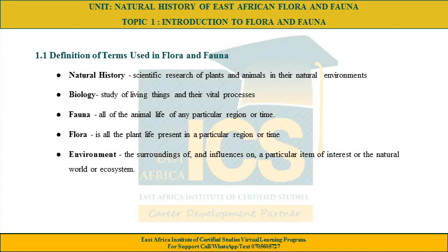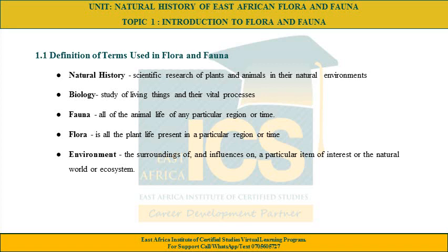What are some of the basic terms you need to be aware of as we proceed, although we'll still discuss many of them in every topic. There are quite a number, but I have just these ones. The first one is natural history. What is natural history?